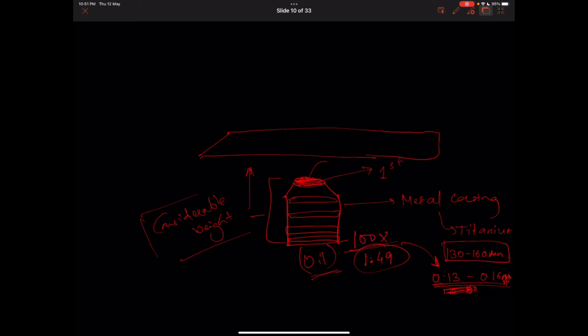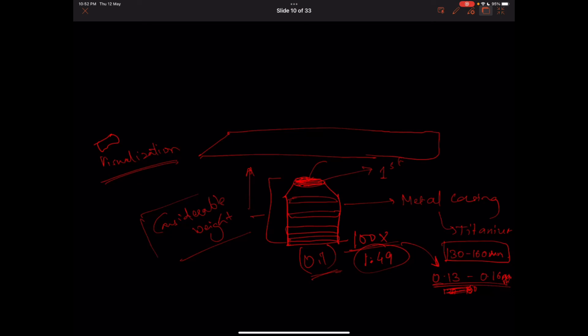This is a fixed distance that we were talking about when we were talking about the angular aperture and all those things. Basically, all these objectives work at a distance of 130 to 160 micrometer, because only at this distance can they perfectly focus your sample, and your sample is in the correct Z plane to be visualized. So you need to have that distance, or the working distance, for them to be visualized.